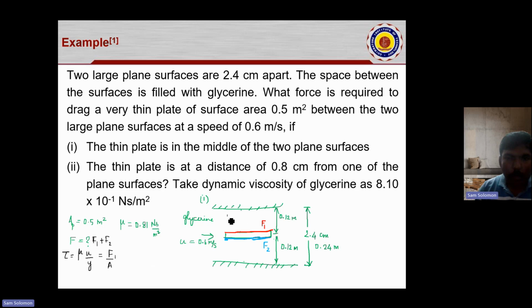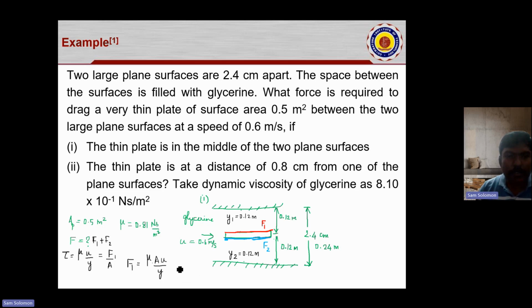Here Y1 is 0.12 meters and Y2 is 0.12 meters. There is no change in the velocity, so U1 and U2 both are U. So we can write F1 is mu times A into U divided by Y.